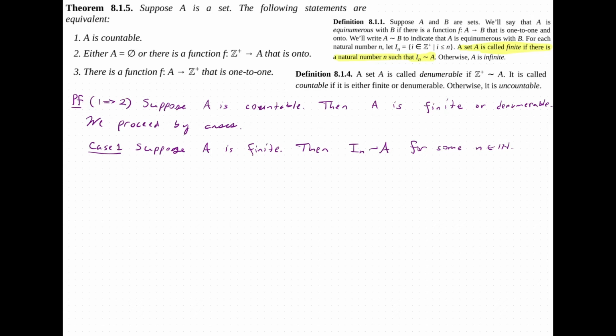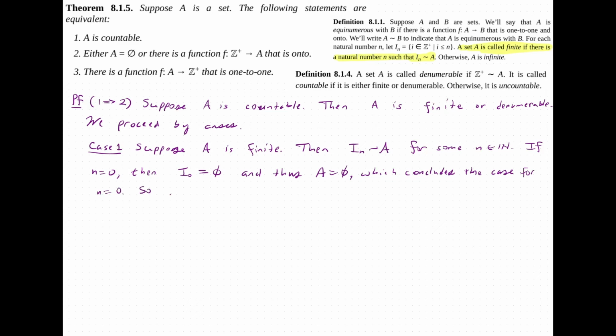Now, from here, we do have the possibility that n is equal to 0. If n is equal to 0, then I sub 0 is equal to the empty set, and thus A is empty, which concludes this situation since we already have the either A is empty. Which concludes the case for n equals 0.